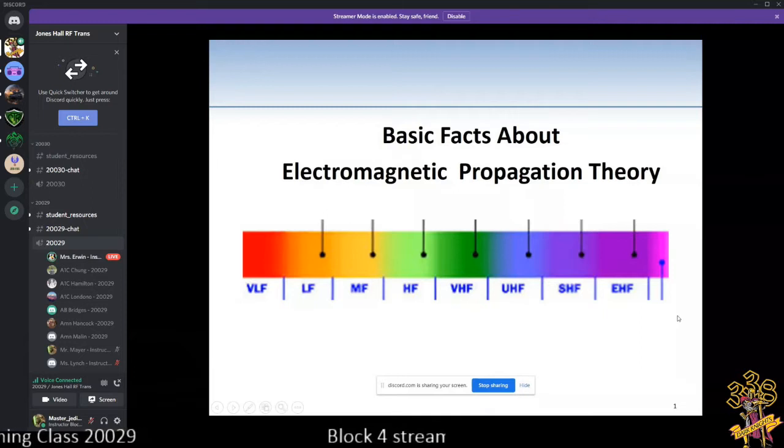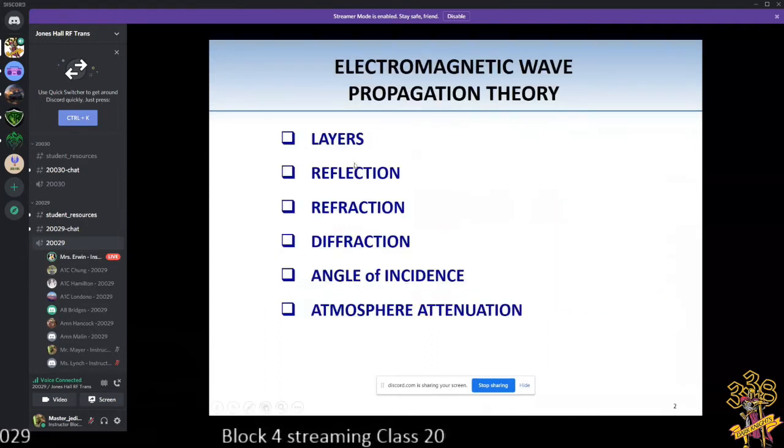So 1C is basic facts about electromagnetic propagation. We're going to talk about different layers in the atmosphere, and more specifically, the layers in the ionosphere.